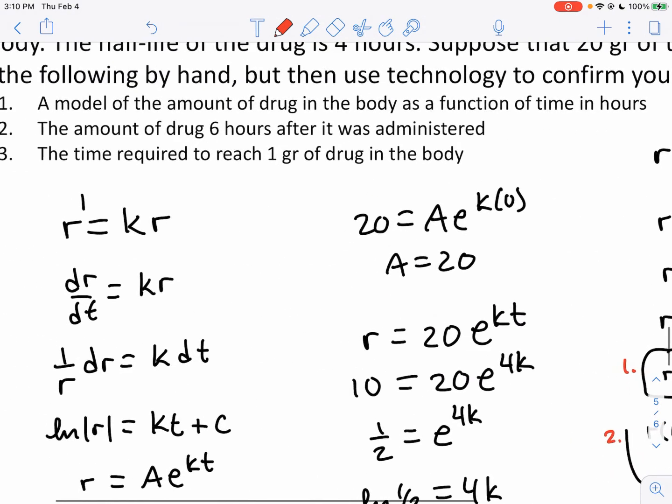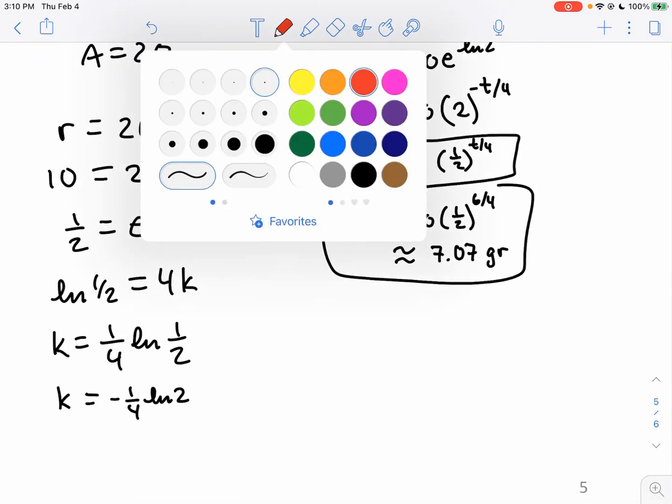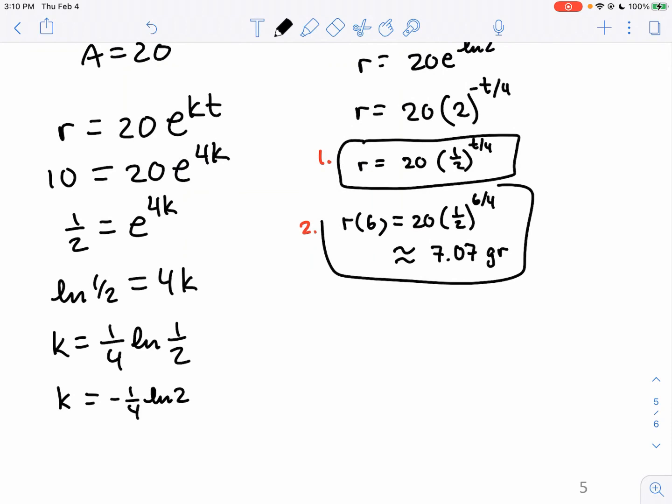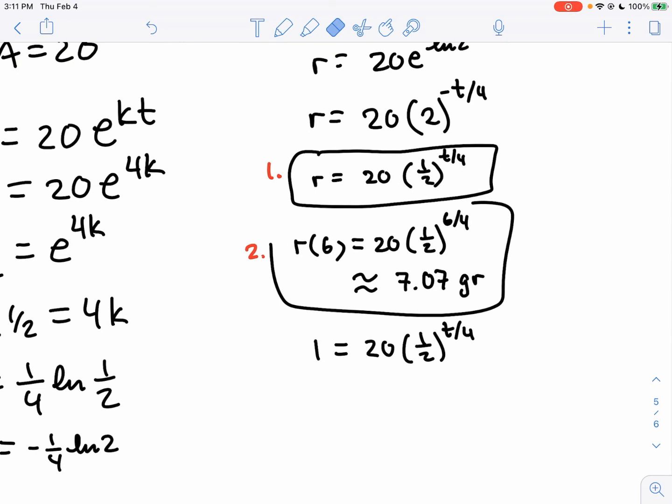And then question 3, the time required to reach 1 gram of drug in the body. So now we want R to be 1, and we want to solve for t. So take the equation next to the box 1, change R to 1 gram, and we're going to solve this equation for t. I kind of like using the version with a negative power.